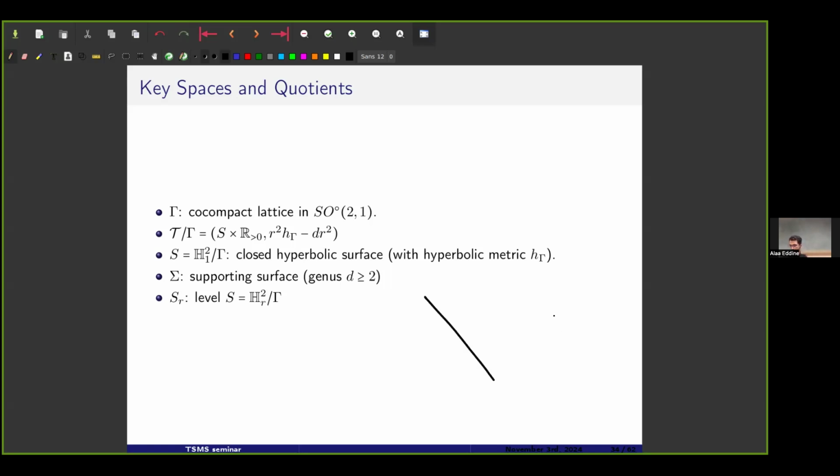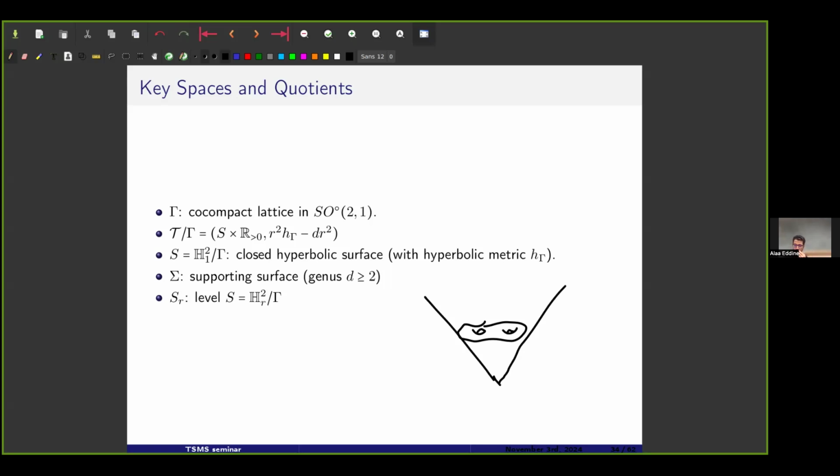So the quotient is something like this. The levels are surfaces, but as I said, the curvature of each level changes. There are no two levels that have the same curvature.